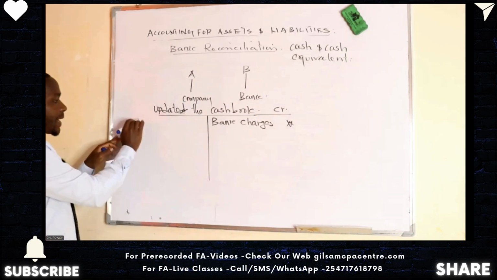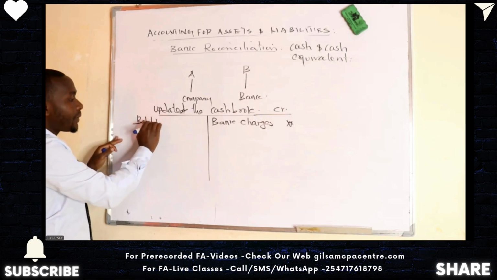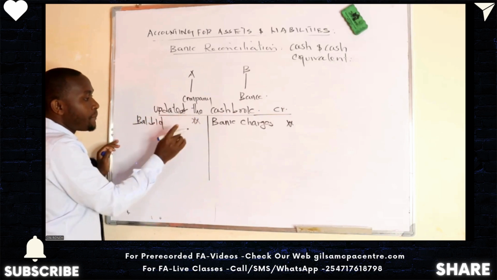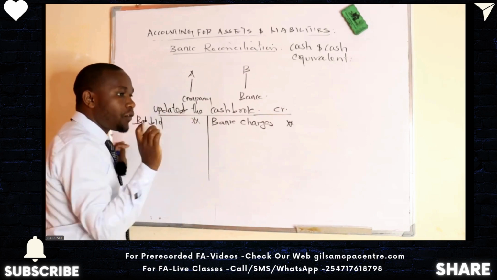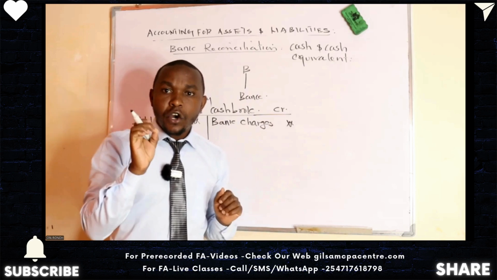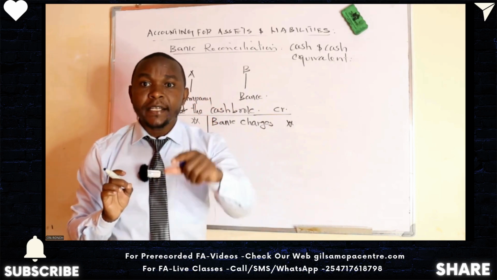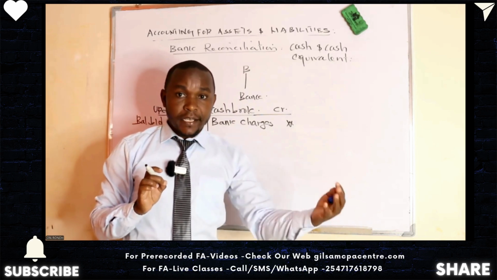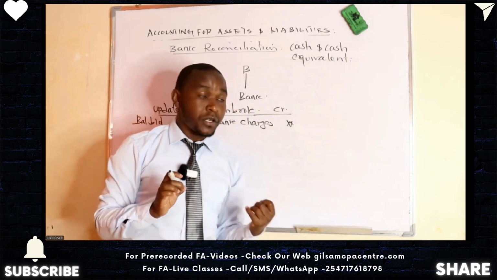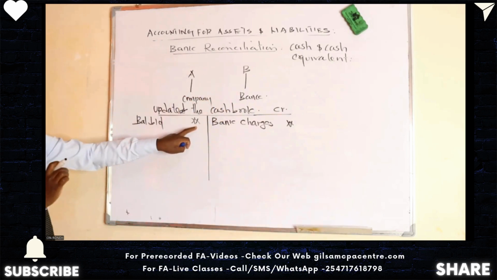We normally call it balance brought forward, but not at the beginning of that period, rather at the time you are preparing that reconciliation. So you already have the balance in your cash book, and that's what we put here.